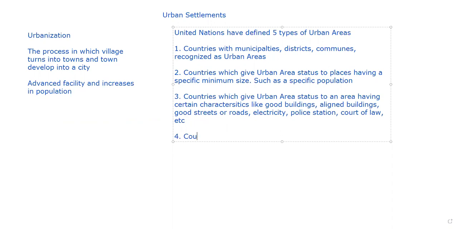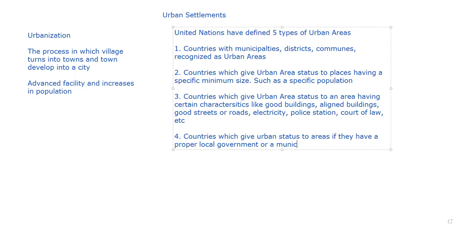Countries which give urban status to areas if they have a proper government, like city government of Karachi, local government, or a municipality.